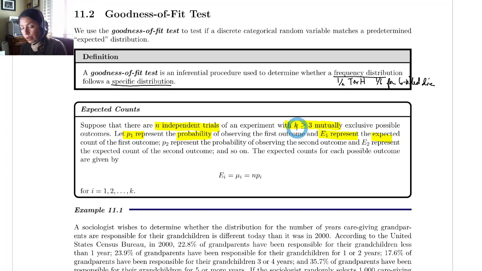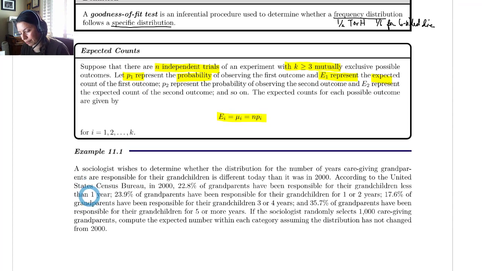If we have at least 3 categories, that means that we'll have P1, P2, and P3, and so on. And for each category, the expected count is represented by the mean of each count. And expected count is what we did before, right? It was just np, right? The probability times the event. So n is given to us as a sample size.